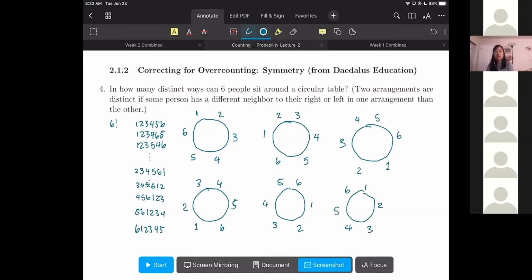So does everyone see why these 6 arrangements are all the same?